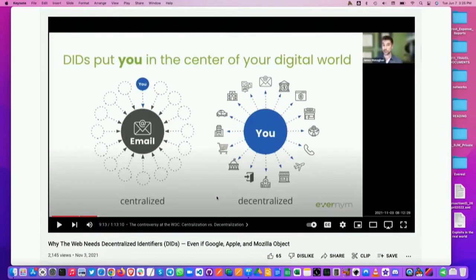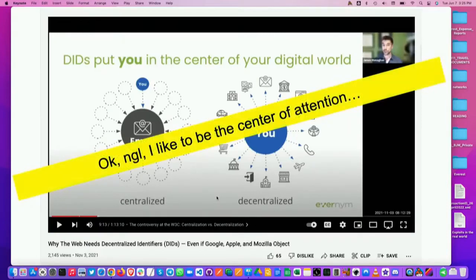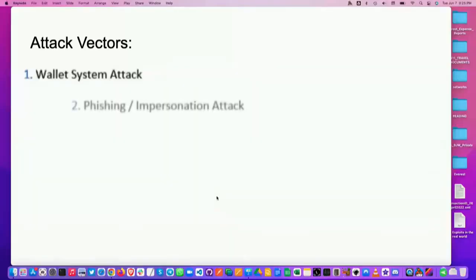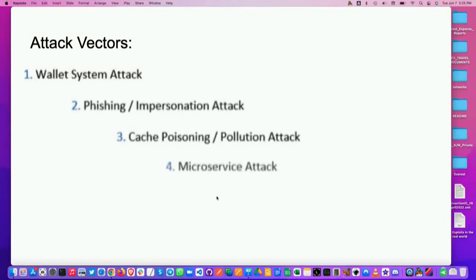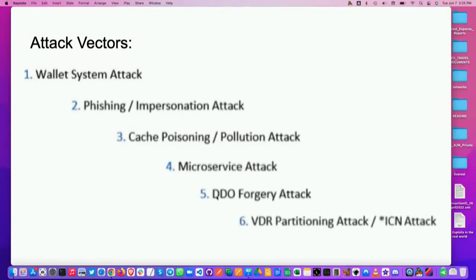Back to the technical exploits. My favorite article that I've read recently is in IEEE Access, and it's by Kim, Cho, Kim, and Wu. It's exceptionally thorough in breaking apart all of the different attack vectors for DIDs. And what it shows off is DIDs truly do have the best of all attack vectors.